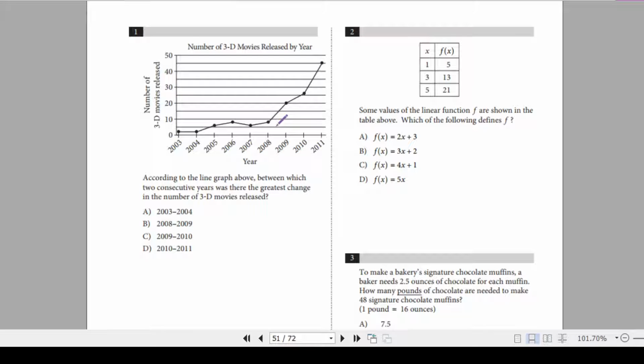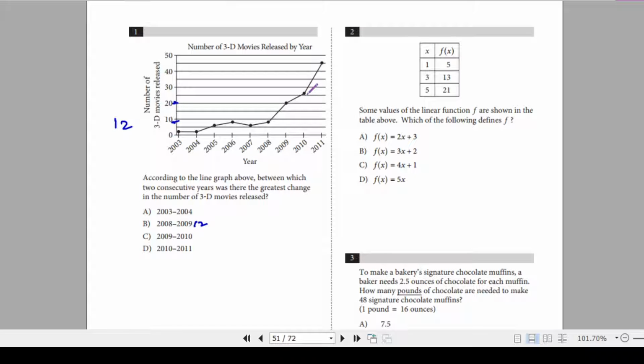And in this 2008 to 9, it started from here, like from 8, and went to 20, 21. So an increase of like 12, right? So 8 to 9 is 12.